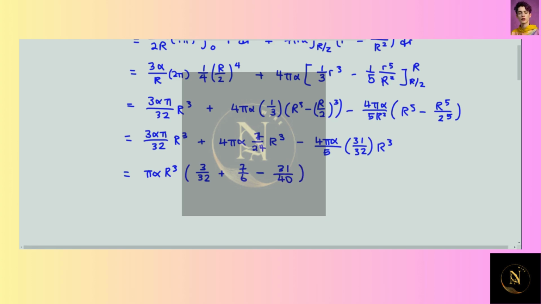If you do this, then you get 233 divided by 480 pi alpha R cubed.